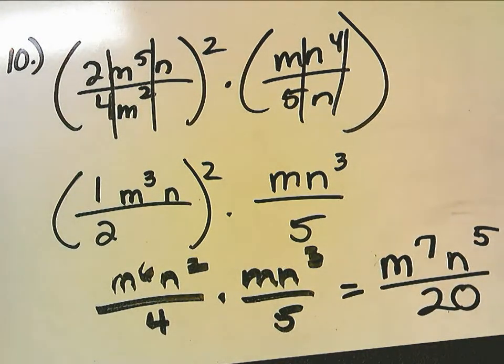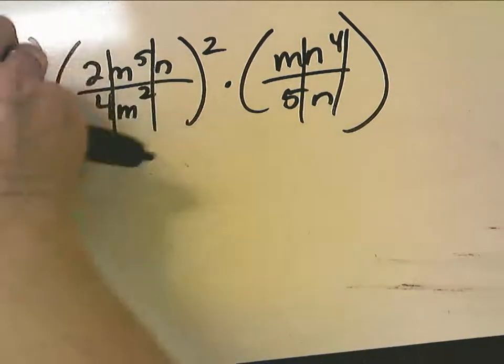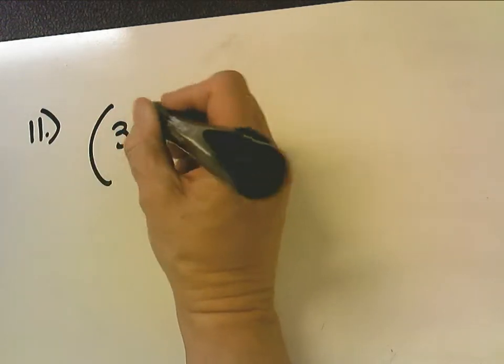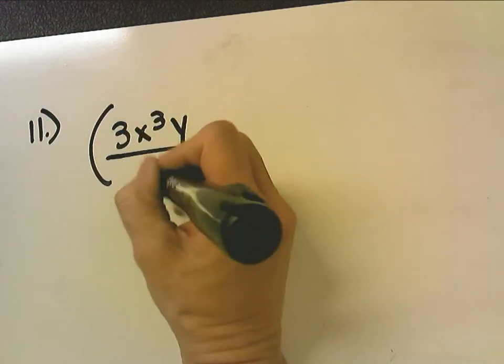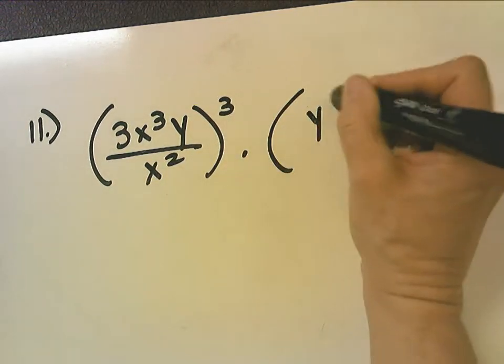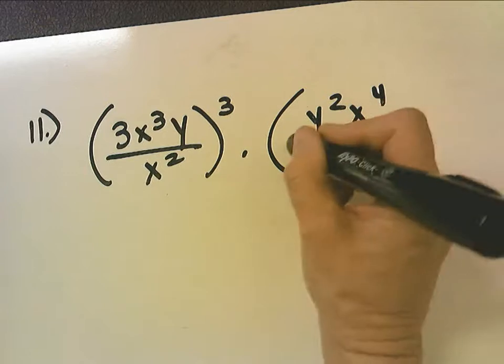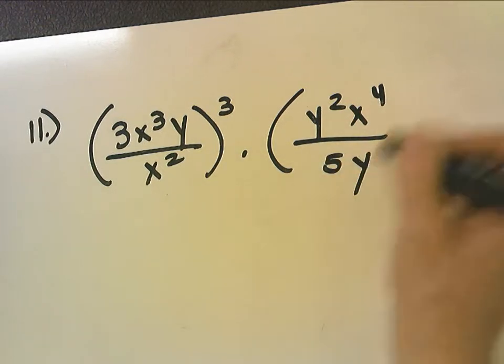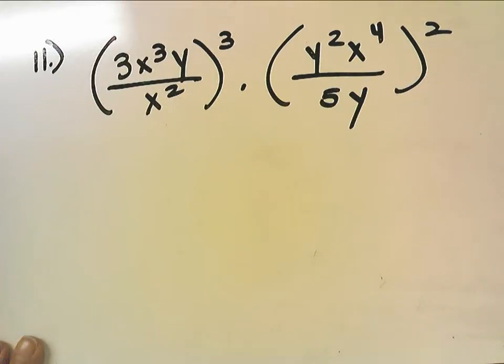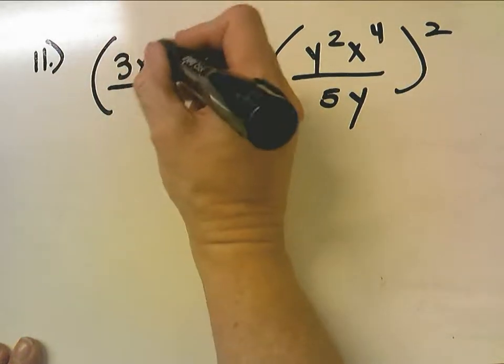Okay. And then lastly, number 11. 3x cubed y over x squared cubed times y squared x to the 4th over 5y squared. Again, I'm going to try to simplify what's inside the parentheses.